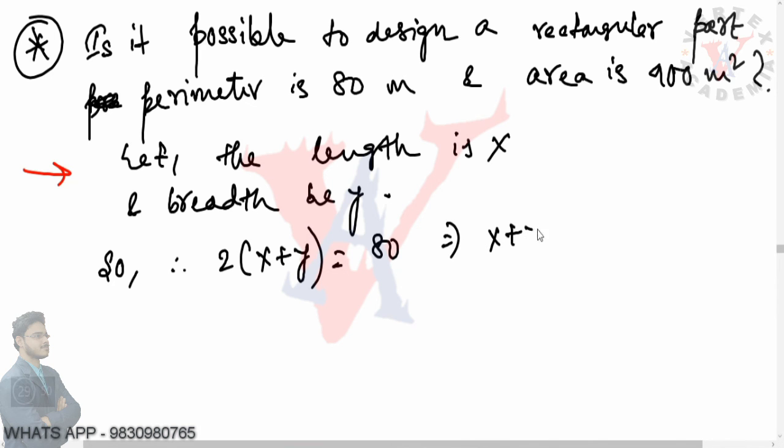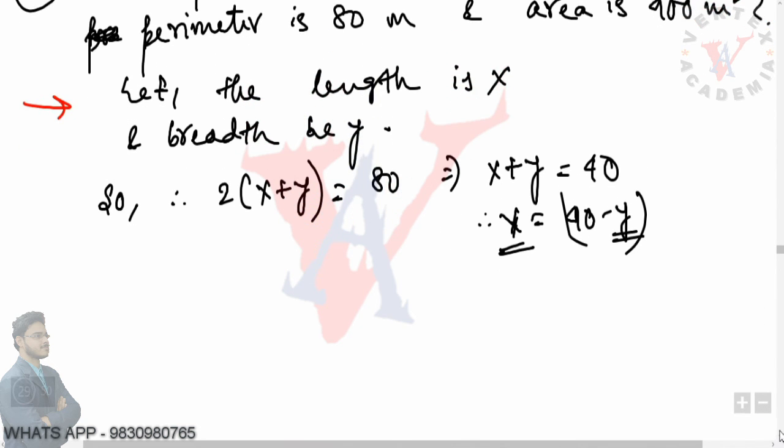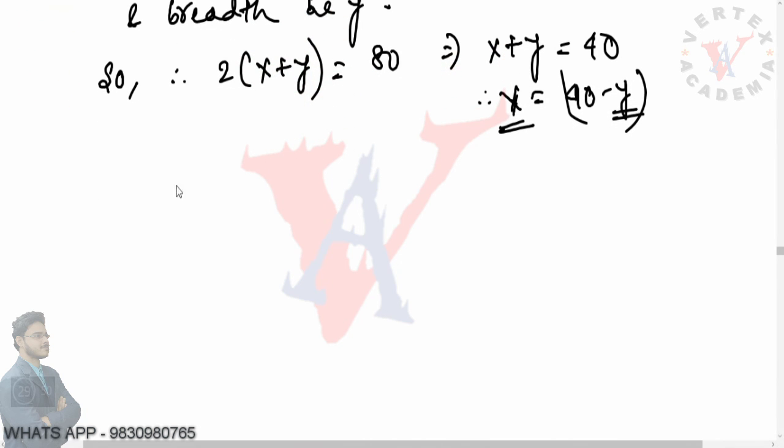So x plus y equals 40, therefore x equals 40 minus y, right? We have written one variable in terms of the other. And again it is given area is 400 meter square, so area means xy, so xy equals 400 meter square.